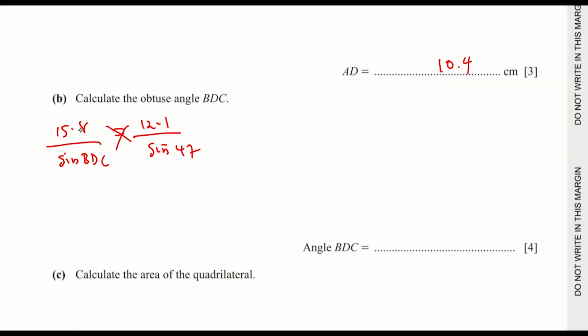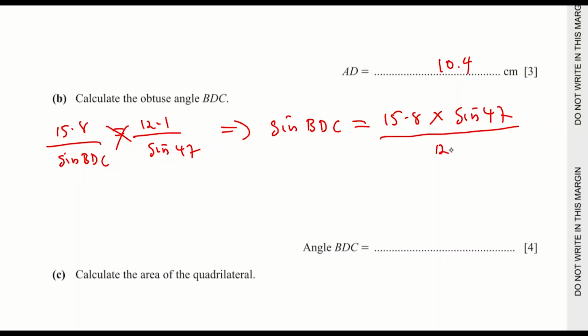If you cross multiply and divide both sides by 12.1, it implies sine BDC equals 15.8 times sine 47, everything over 12.1.